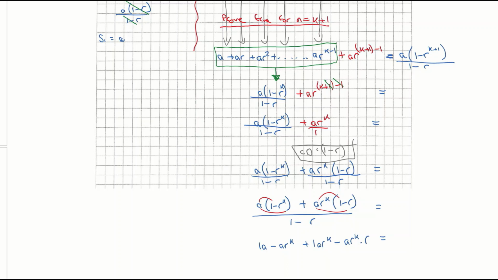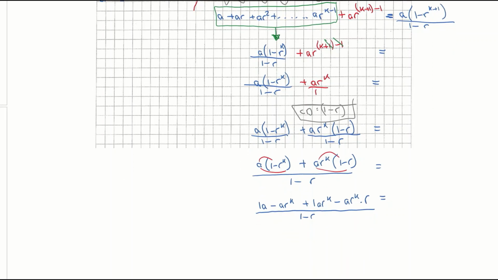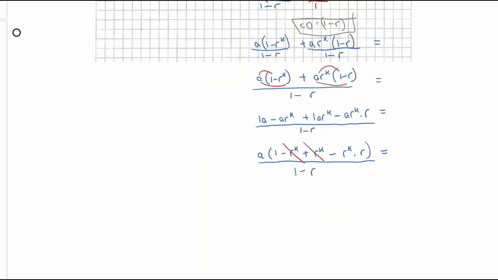What's common to all four terms? There's an a common to all four, so let's factorize out the a. Again, don't forget actually, that's over 1 minus r. So if I factorize out the a on the top, that's giving me a times 1 minus r to the k plus r to the k, or 1 r to the k, minus r to the k times r, all over 1 minus r. Look inside now, I have a minus r^k and a plus r^k, they can cancel off.